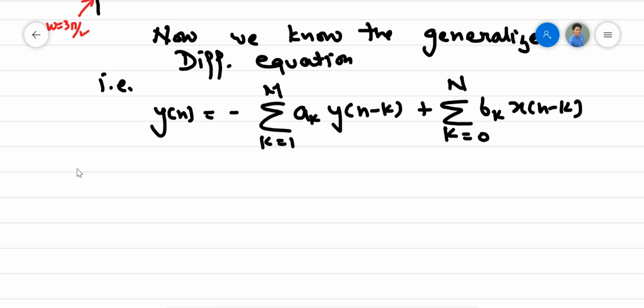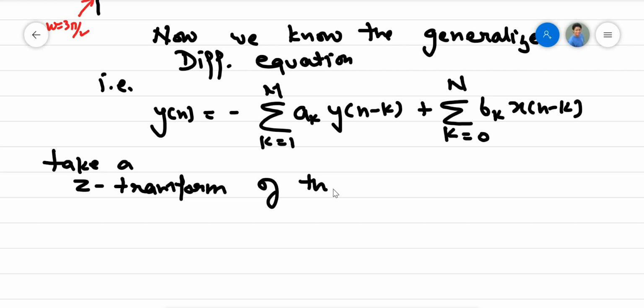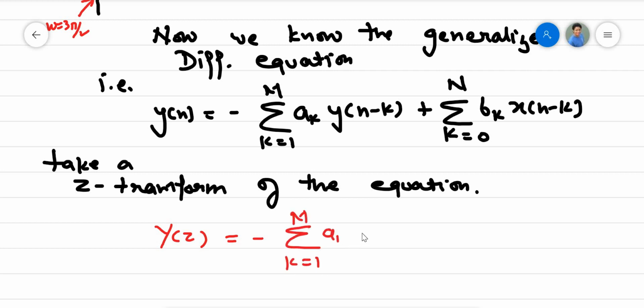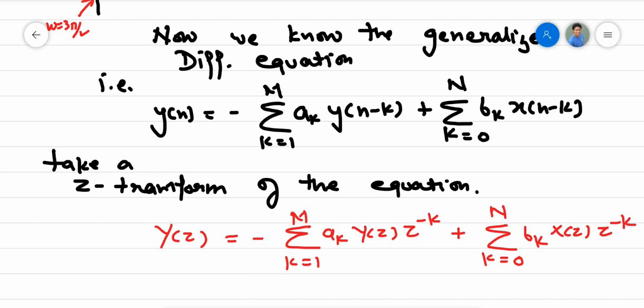Now if you take the Z transform of the equation, that will give Y(z) equal to minus summation k equals 1 to M a_k Y(z) z to the power minus k, from the Z transform property, plus summation k equals 0 to N b_k X(z) z to the power minus k.